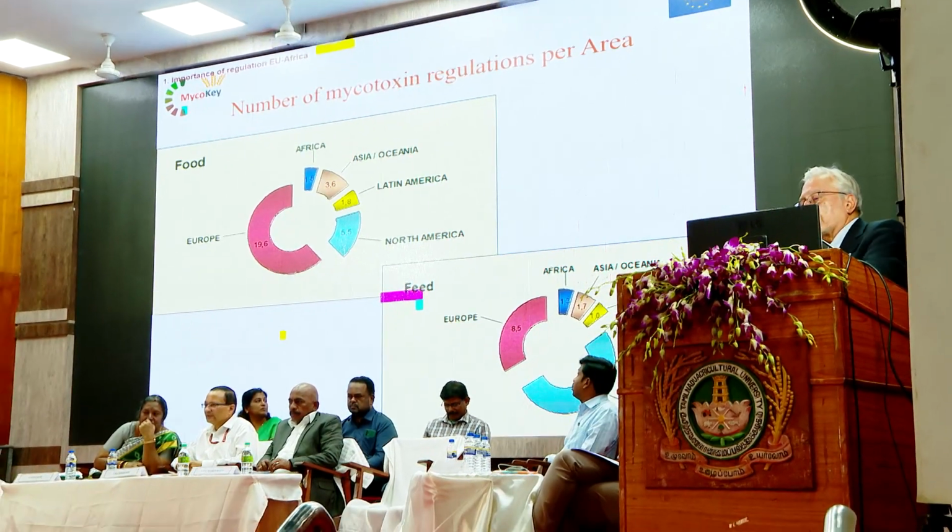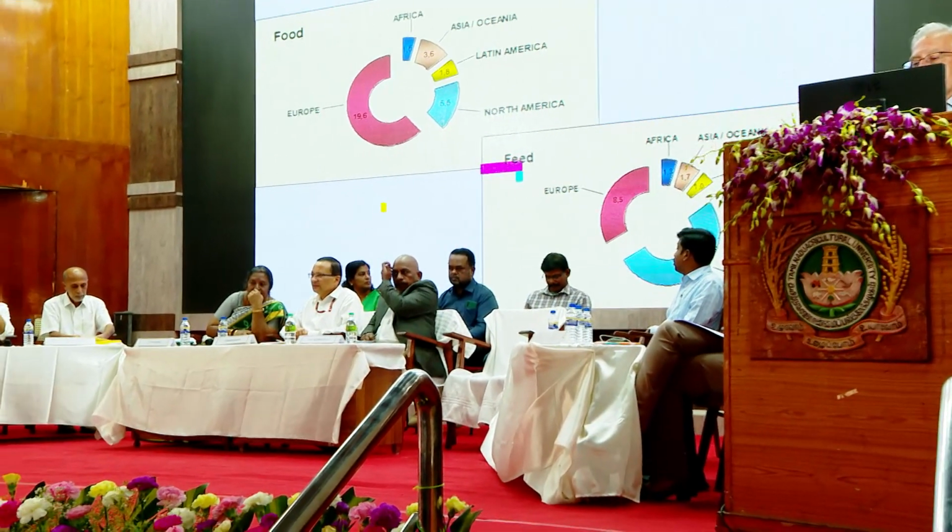Moving on to feed, North America pays more attention, followed by Europe. So there are two different regulations. That is not understandable because, particularly for humans, the toxin has the same effect in Asia, in Europe, in Africa. So this kind of different regulation is not well understandable. But anyway, this is what is happening.